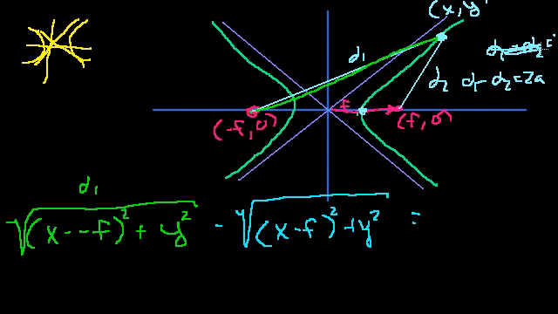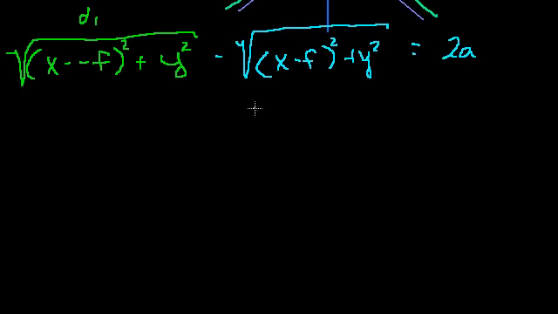And what does that equal? Well, we said that equals this distance right here, so that is equal to 2a. Now let's see if we can simplify this at all. An interesting thing to do might just be to put this on the other side of the equation. And this can get hairy, so I really hope I don't make any careless mistakes. So this becomes, and I might write small to save space.